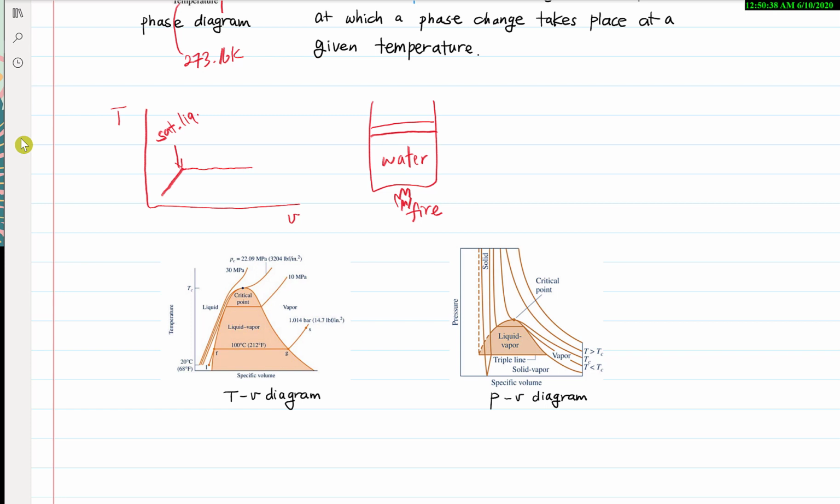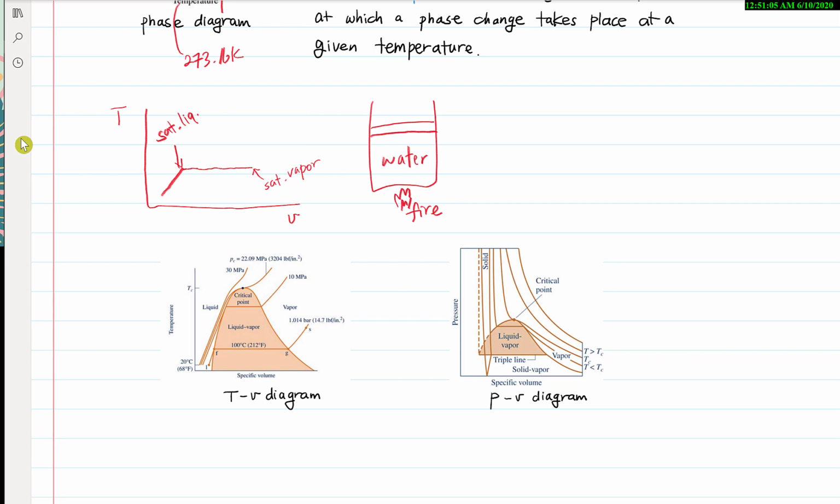At this point, the system only contains water vapor. This is saturated vapor. The vapor is about to change its phase. At the saturated vapor state, the vapor is about to condense.